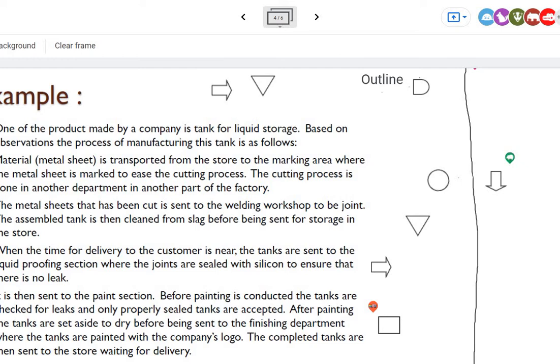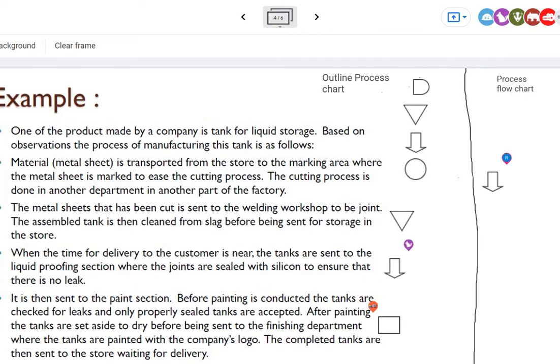So, wait. The operation process, its name. Can you see? Okay, what is the hint?